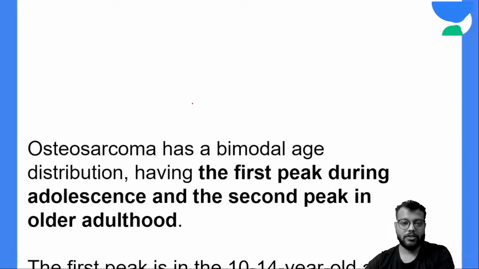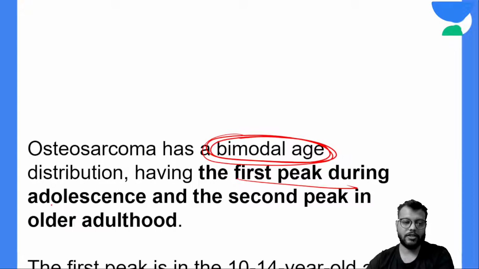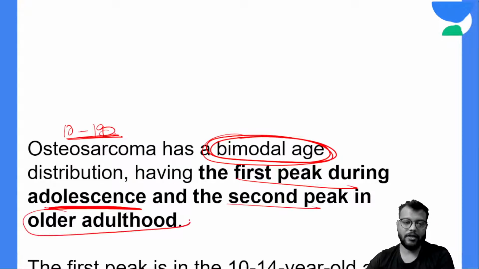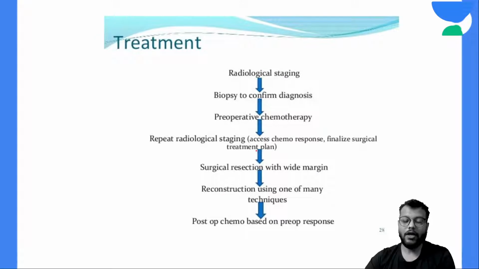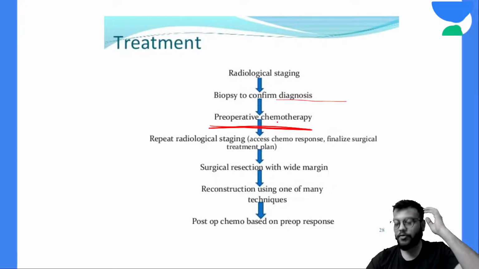Okay, so one more important thing is that osteosarcoma has a bimodal age peak, where the first peak occurs during adolescence, between 10 to 19 years or 18 years of age, and the second peak is in older adulthood, that is the secondary osteosarcoma. Okay, so for its treatment, first of all after staging and diagnosis you go for pre-op chemotherapy, and amputation is now the choice.